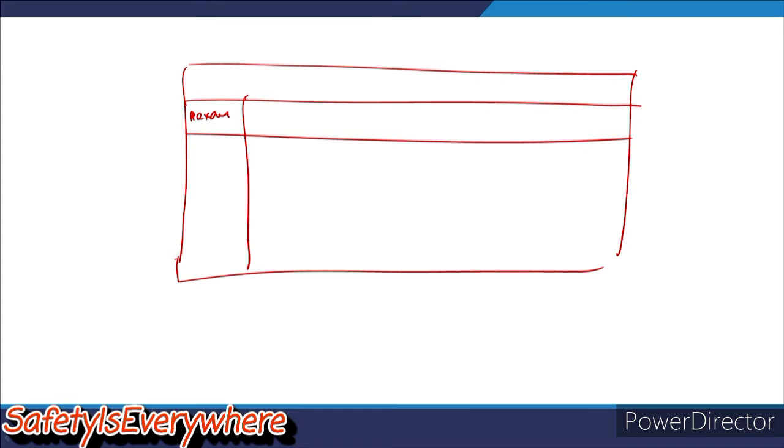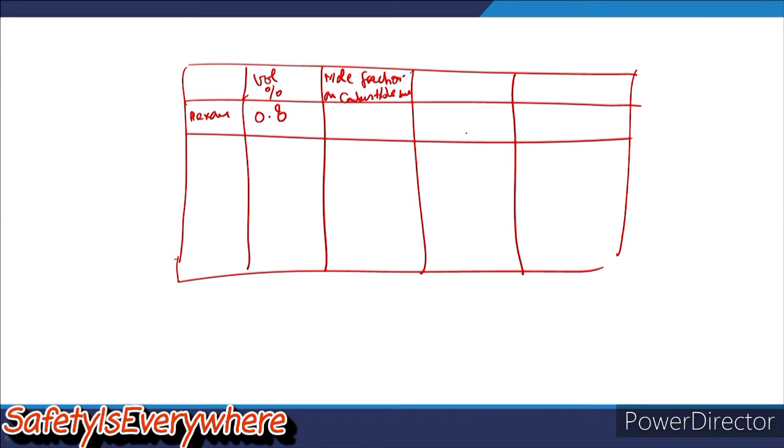Then we have the volume percent, which is given in the problem. Hexane has 0.8% volume. Then we will have to calculate the mole fraction on combustible basis. Then we will have the LFL based on volume percent, and the UFL, again based on volume percent.